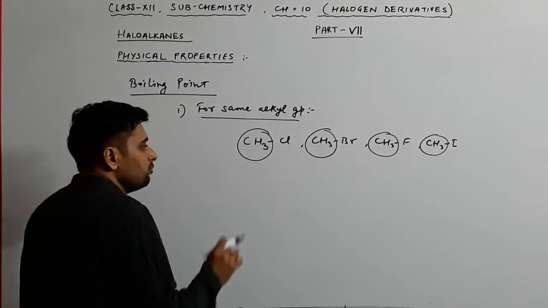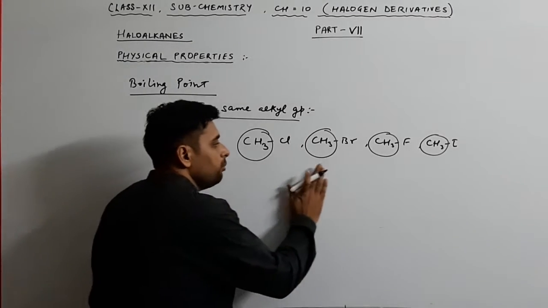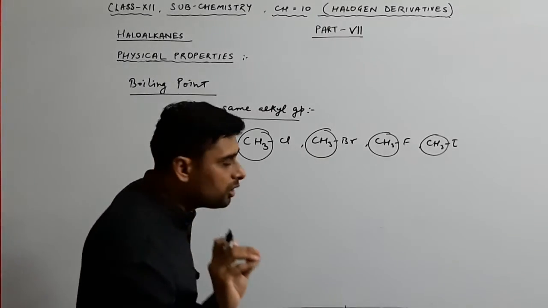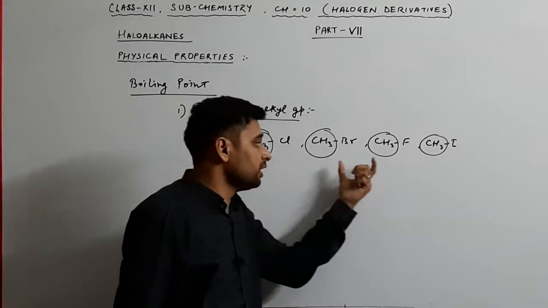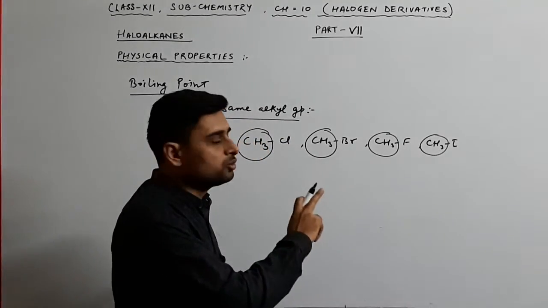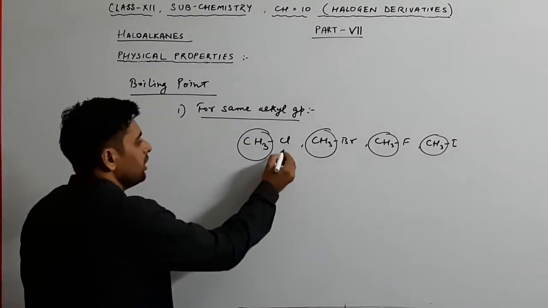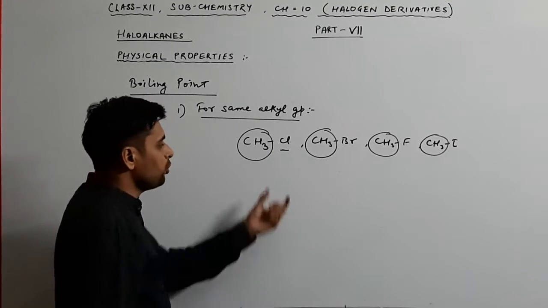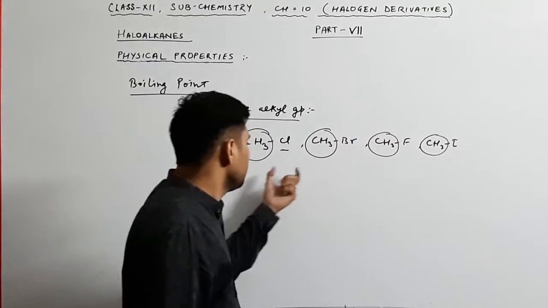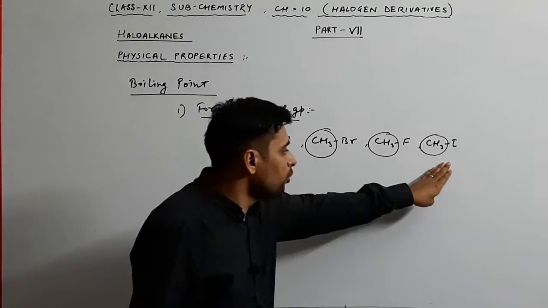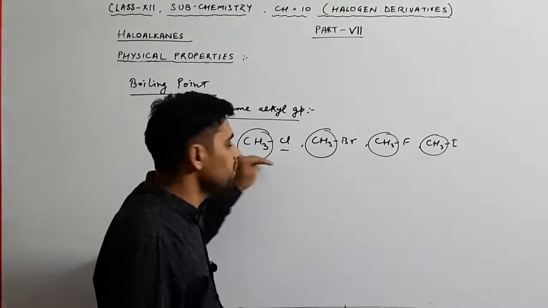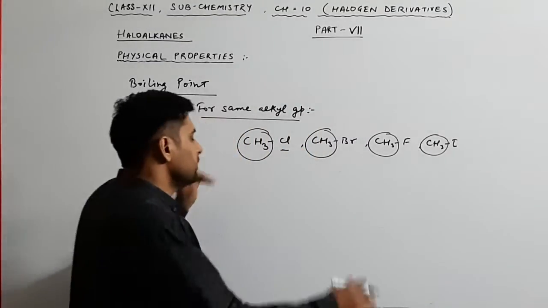Students, note down that on same alkyl group, if the molecular mass of the compound increases, then their boiling point also increases. See here, chlorine is 35.5 and iodine has more atomic weight than chlorine. So iodomethane has high boiling point than other compounds.